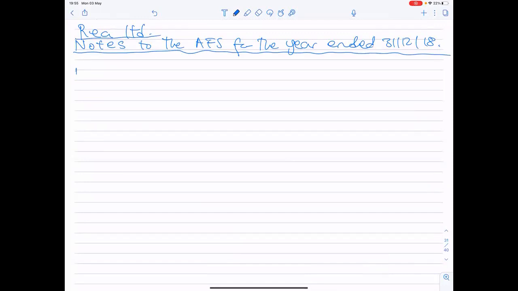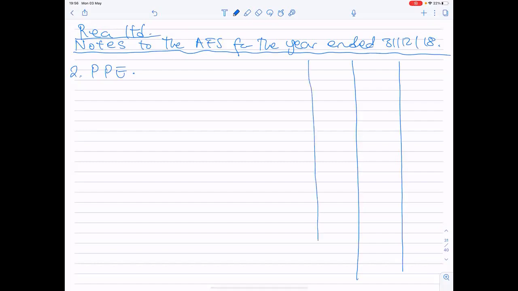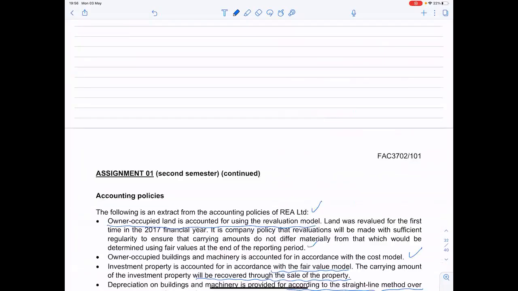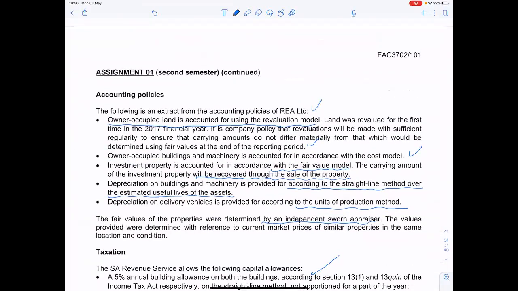So you can start with number 1, property, plant, and equipment. I prefer 2. Even if you put 1, it's fine. Property, plant, and equipment. And then the PPE, we saw the items that we have. We said there is land, there is buildings, there is machinery, there is a delivery truck.